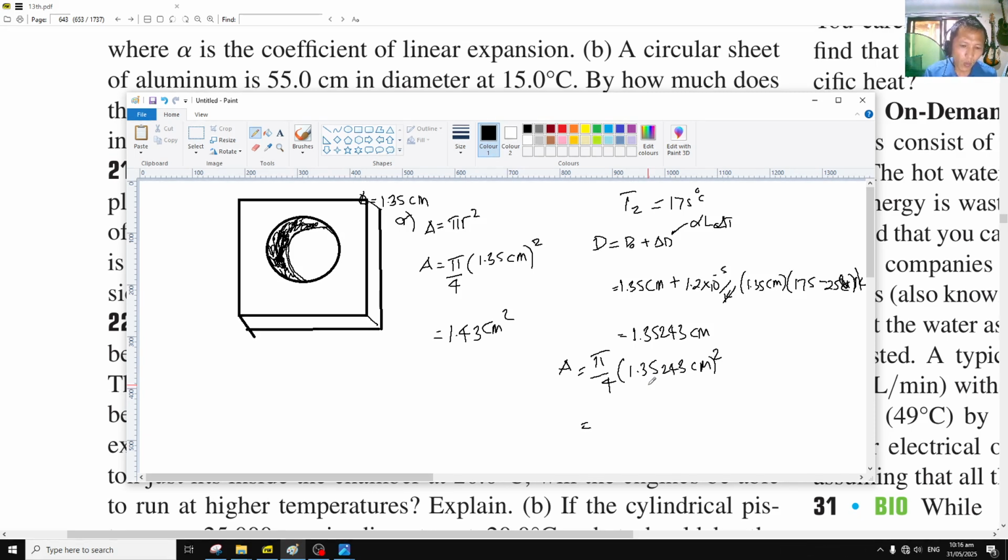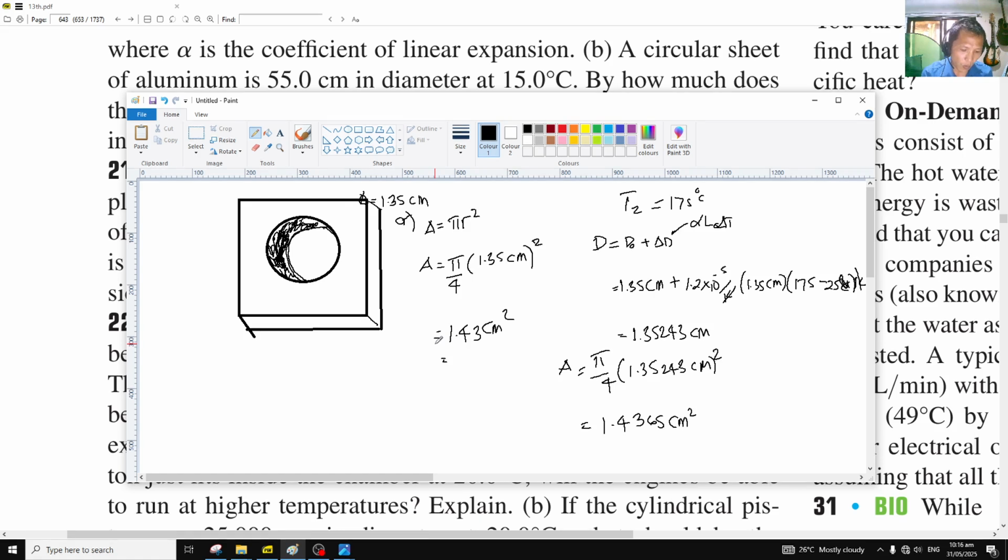So that would be 1.4365 square centimeter.